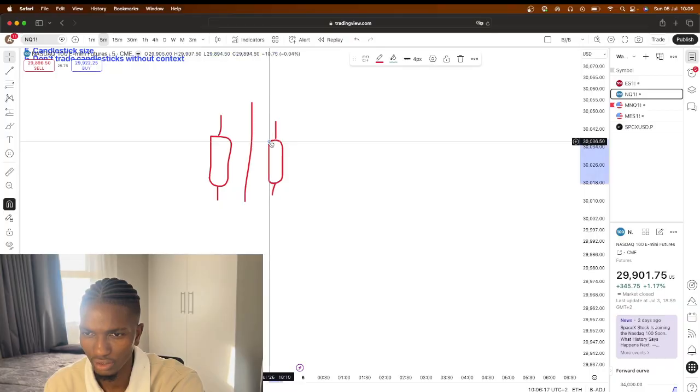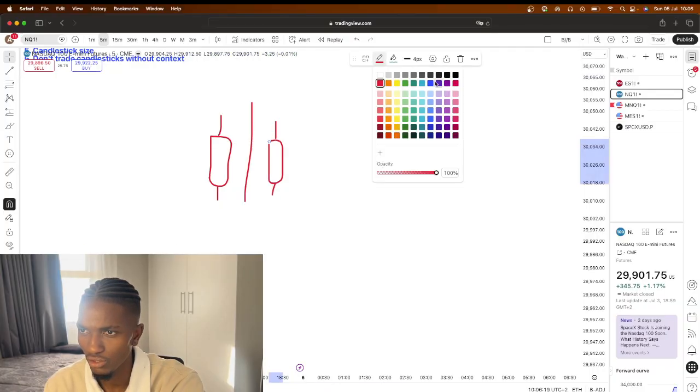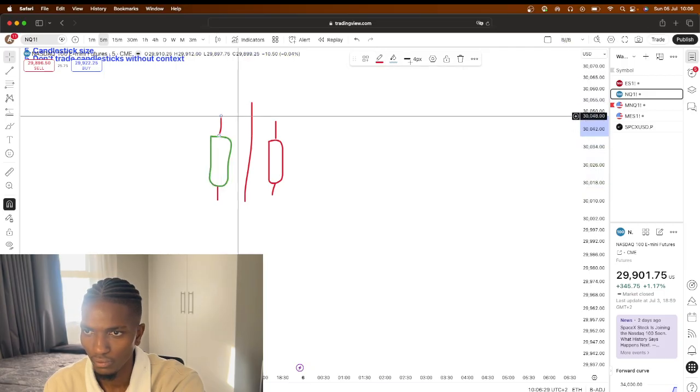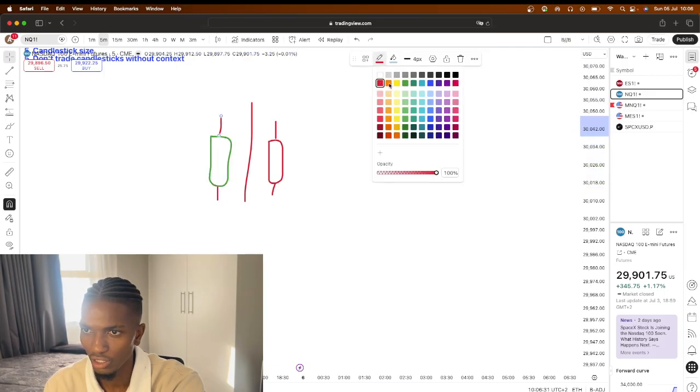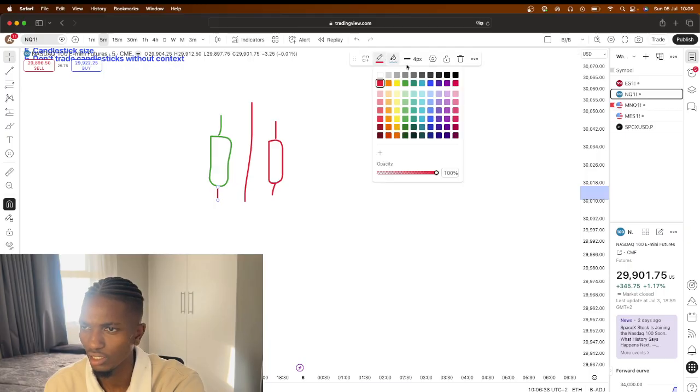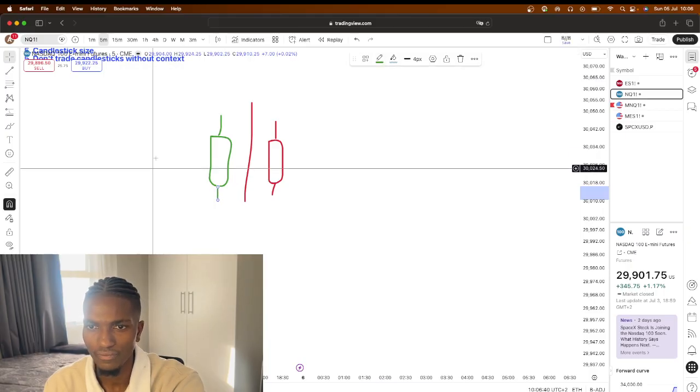Should I make this a different color instead? Let's change this one to green. Because I know normally this is how the chart looks like, green, red and green. So I simply changed my colors around.